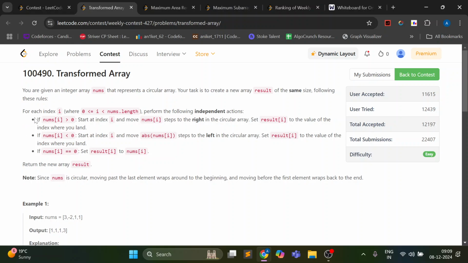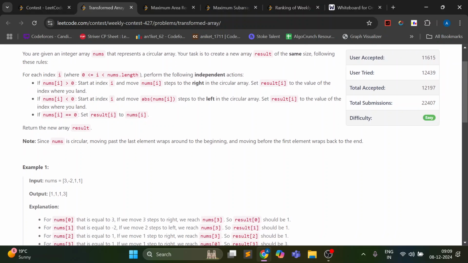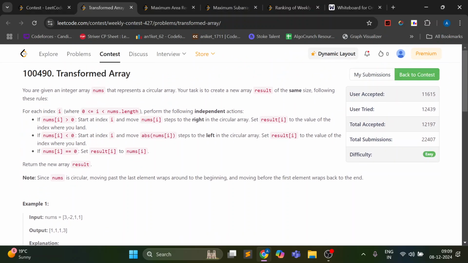If nums[i] is greater than 0, we start with index i and move nums[i] steps to the right, and set result[i] to the value at the index where we land. Similarly, if nums[i] is less than 0, then we move to the left in that circular array with steps absolute of nums[i], and if it is 0, then we just make result[i] equal to nums[i].